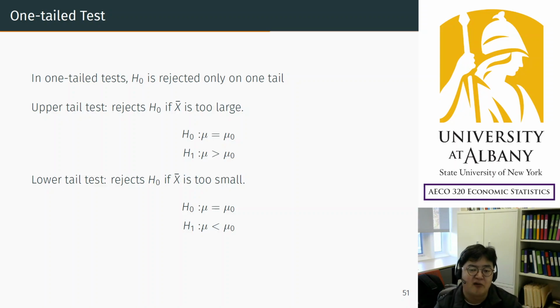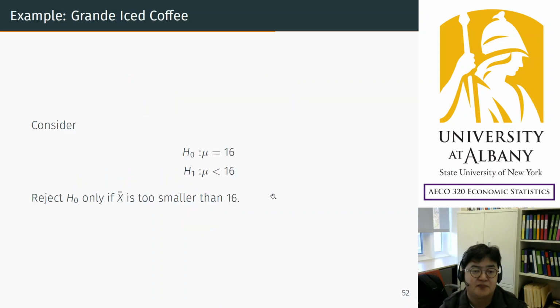But in other cases, you may need to reject if the sample average is too large. Then it is an upper tail test, but it is exactly symmetric, identical with a different direction of inequalities. Basically, they are the same thing.